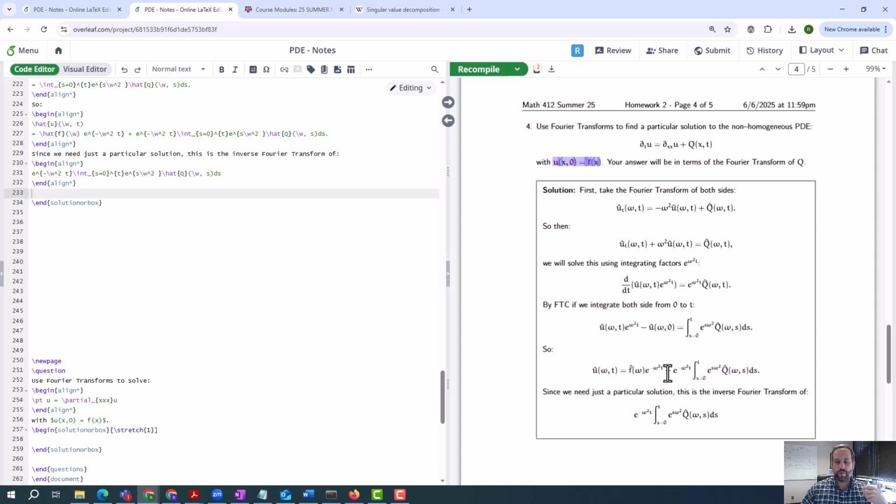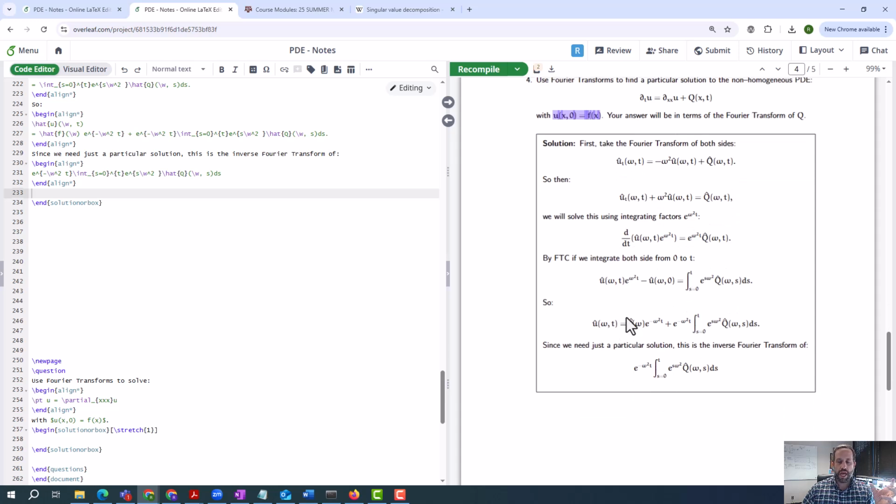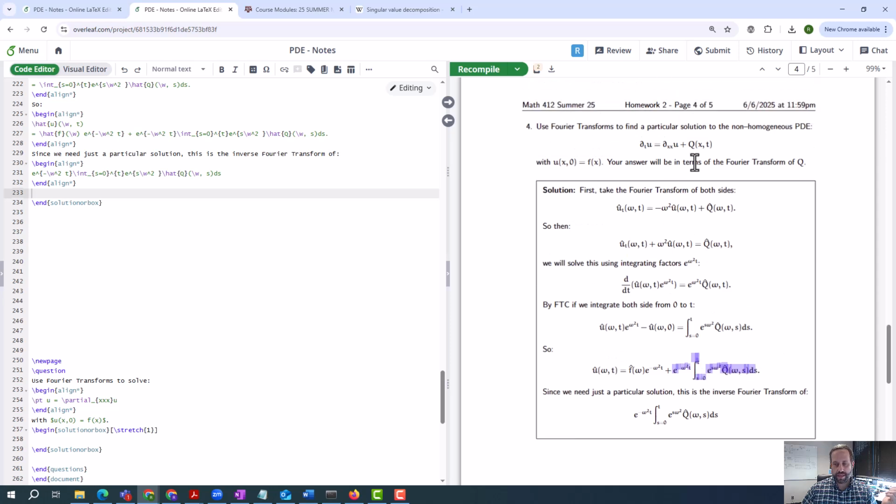In fact, when t is equal to 0, it should equal 0. Because the overall solution is going to be the inverse Fourier transform of that, which is just the solution to the diffusion equation with this initial data, plus the inverse Fourier transform of this, which will be the solution to the full non-homogeneous problem. But it's not going to satisfy this initial condition.